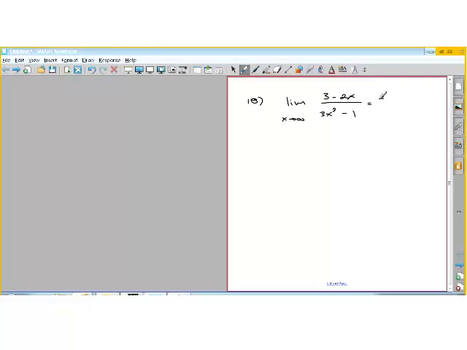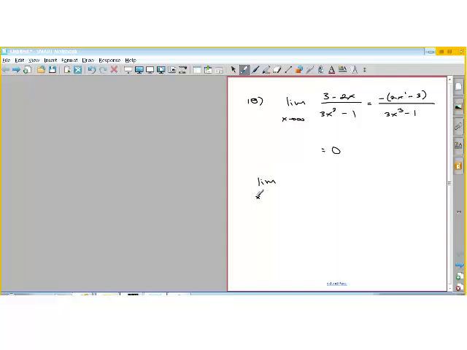And that's the same as negative 2x plus 3 over 3x cubed minus 1. The reason I did that is just to put the x term to the left-hand side. So we can look at the highest order terms, which are these two. This has an exponent of 1, this has an exponent of 3. Since 1 is less than 3, the answer is 0.